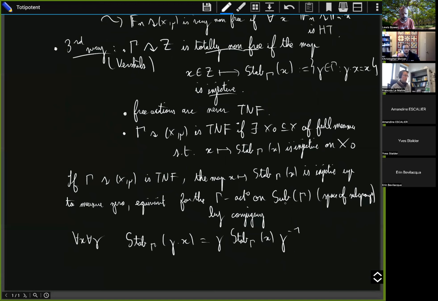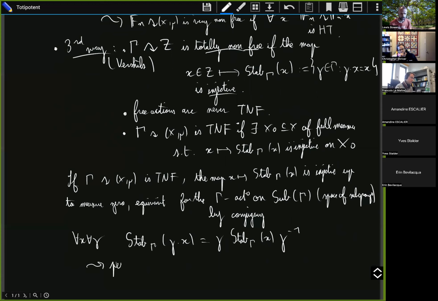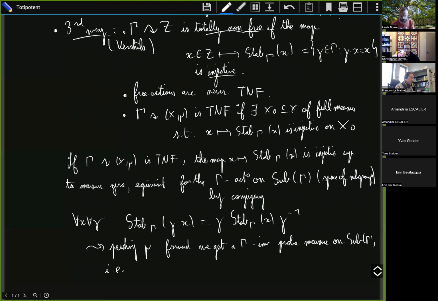And so what you get from this, by pushing the measure mu forward via the stabilizer map, is a gamma invariant probability measure on Sub gamma. That is what is known as an invariant random subgroup, IRS, of gamma.